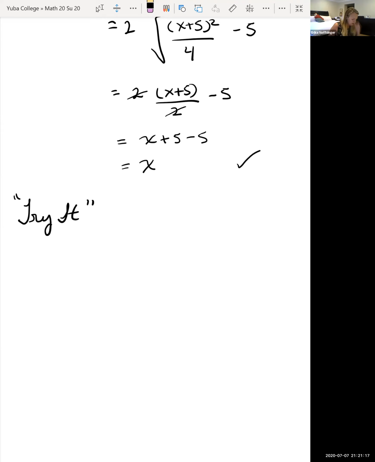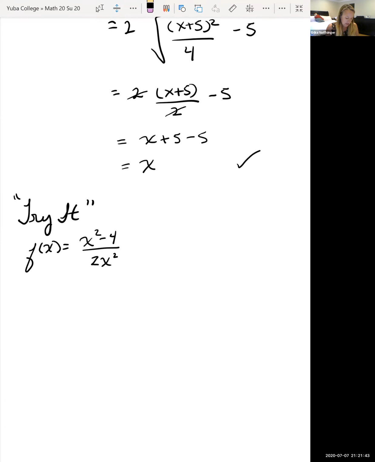So let's first try: what if f of x is equal to x squared minus 4 all over 2x squared?